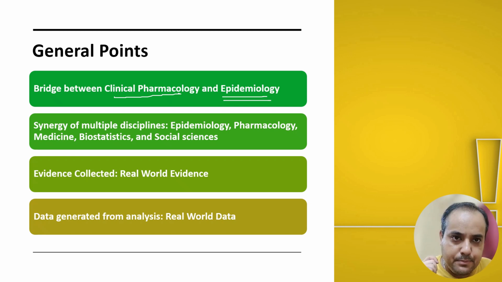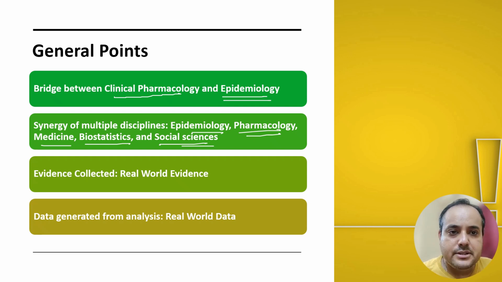So this bridge has got a synergy of multiple disciplines. You have got the discipline of epidemiology and pharmacology already. Along with that, there are the disciplines of medicine, biostatistics and social sciences. So all these disciplines together constitute the study of pharmacoepidemiology.